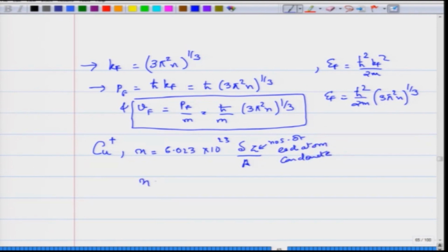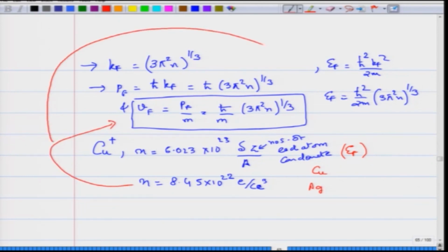Using this, the density of copper is 8.45 into 10 to the power of 22 electrons per centimeter cube, and it has also been measured to be in this range. If you use this density and put it in here, you can calculate the Fermi energy, and you can do the same thing for other metals.